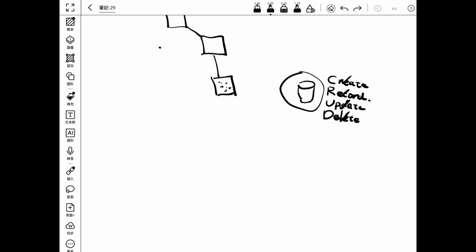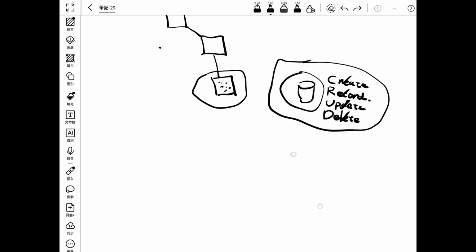You can create and record some items, update is to modify your data set, and delete is to remove it from the database. But the difference from the traditional database is that in blockchains, we can't delete this data. If we write it here, it's here forever.